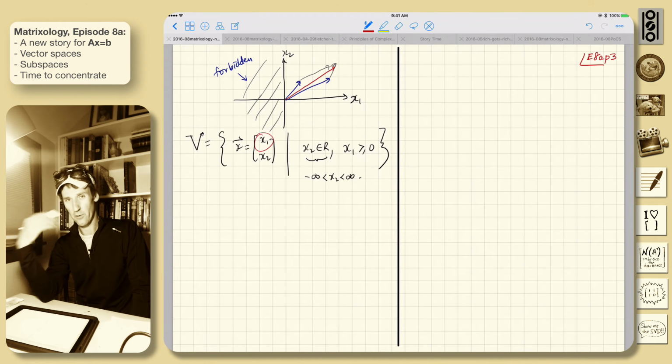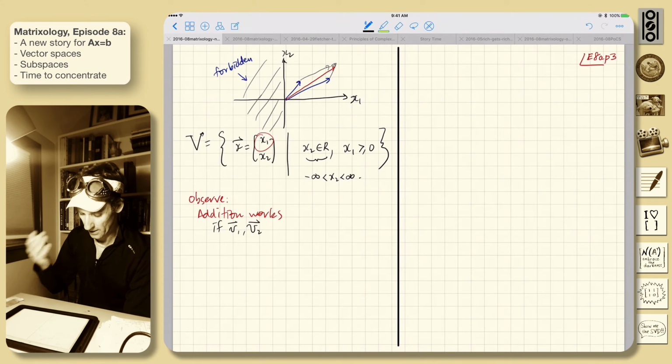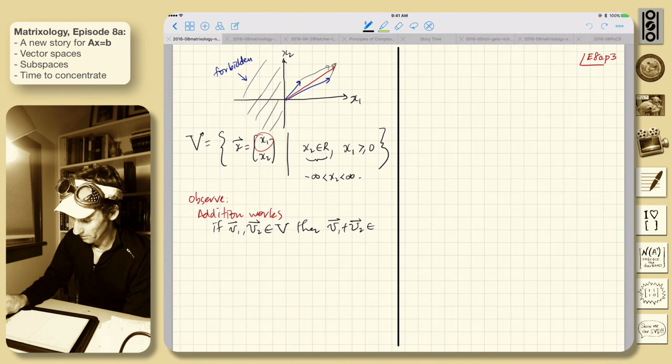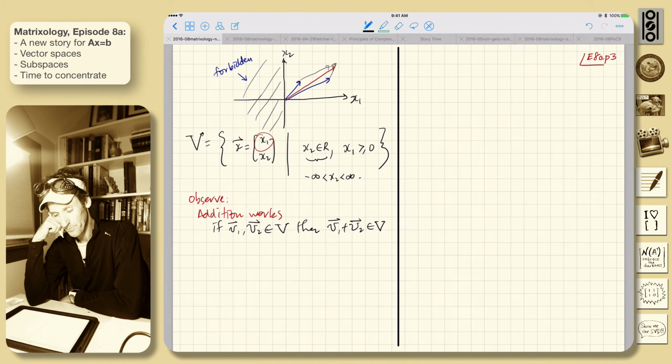So we observe the addition works. If V1 and V2 are in V, then V1 plus V2 is in V. So they stay in the right half plane, including the 0.